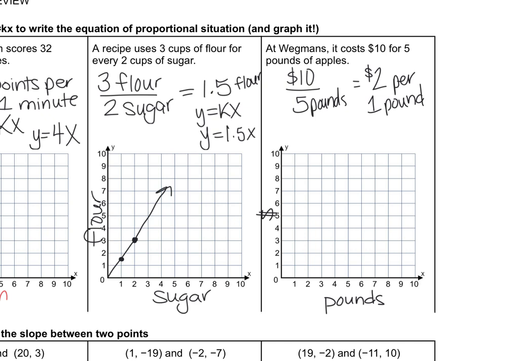I'm going to go over to 1 pound up to $2. So that means 2 pounds would cost $4. 3 pounds would cost $6, and so on. In my equation, y equals kx, here I would put in my unit rate of $2 per pound for k, and then make sure I write my x.